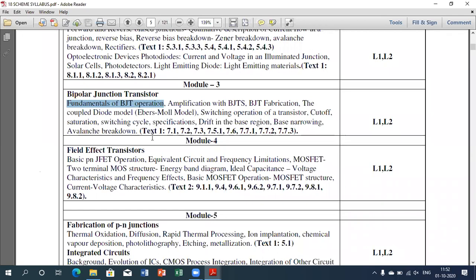I hope you remember NPN and PNP transistors. N stands for negative, P stands for positive. We are going to discuss the fundamentals of those BJTs and their operations. Now we'll move on to the notes so that we can begin with fundamentals of BJT operation.